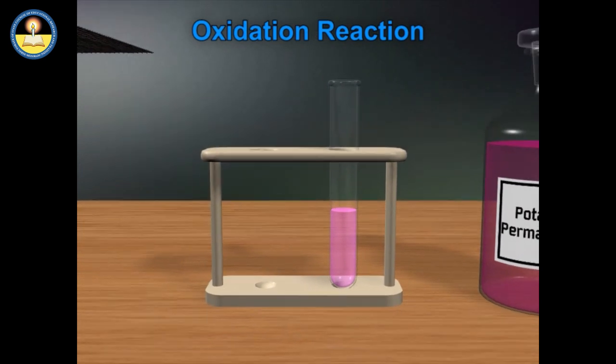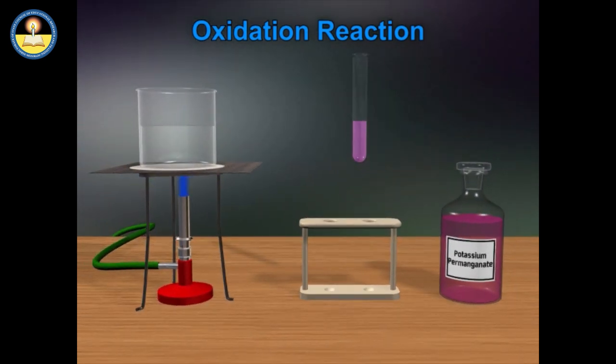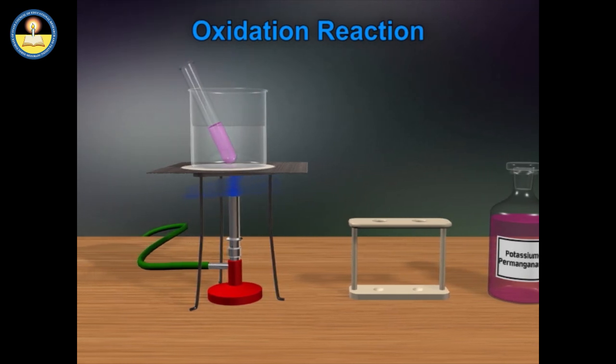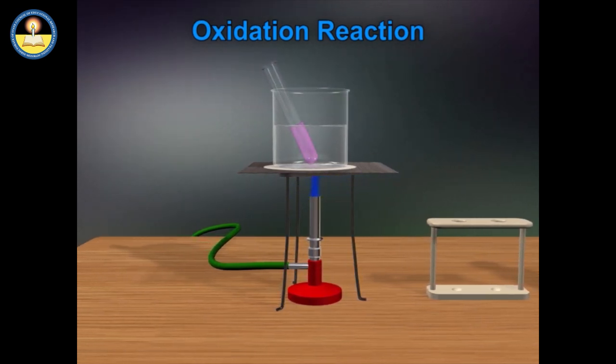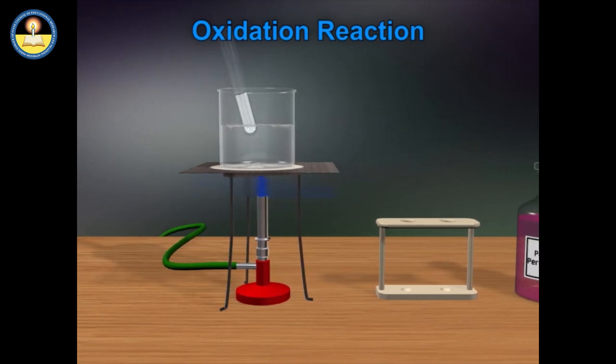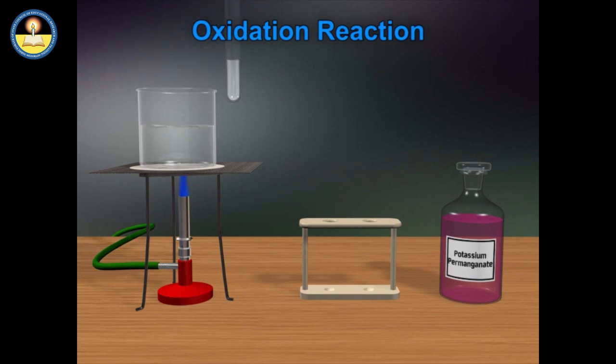On warming the test tube containing ethanol and alkaline potassium permanganate solution gently in hot water bath, ethanol is oxidized to ethanoic acid. Thus, ethanoic acid is formed by the oxidation of ethanol by using a strong oxidizing agent.